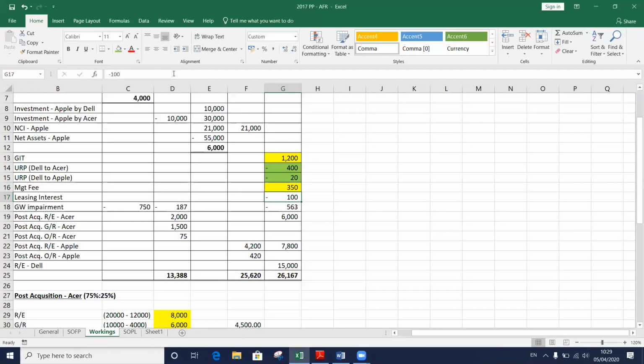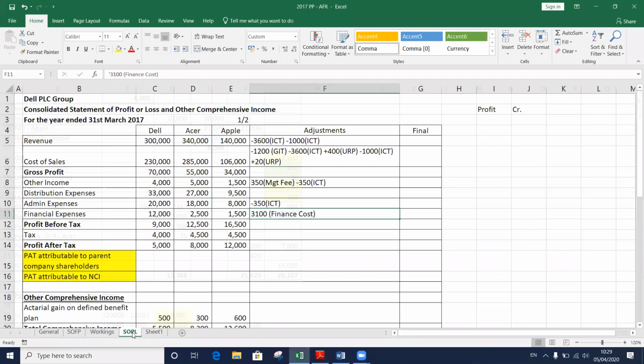Okay, this one, leasing interest. What we need to do? profit එක අඩු වෙන්නයි ඕන. Right, 100 leasing interest. Interest පෙන්නන්නේ කොහෙද?